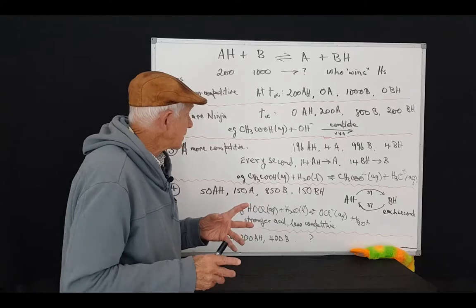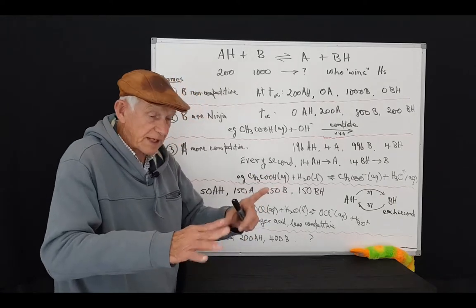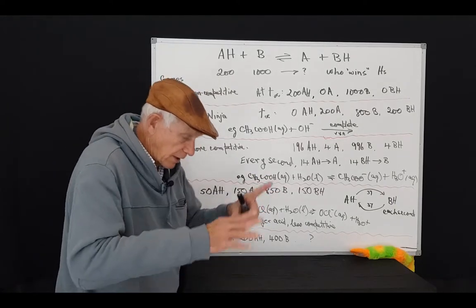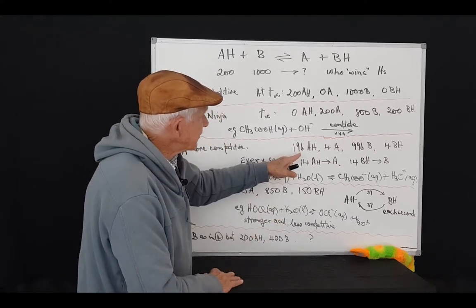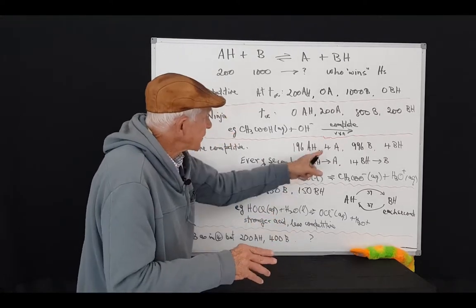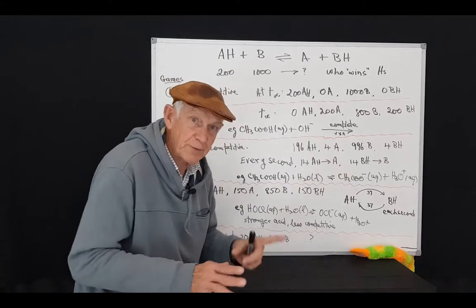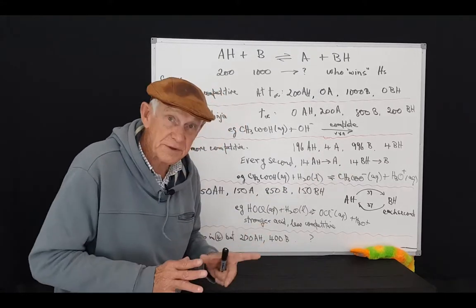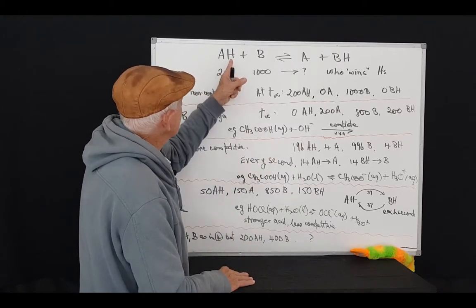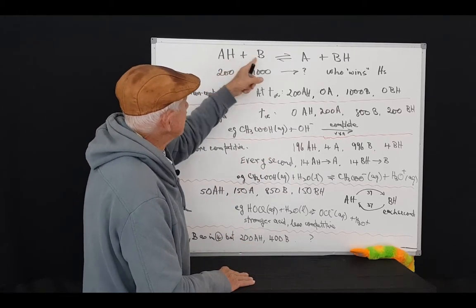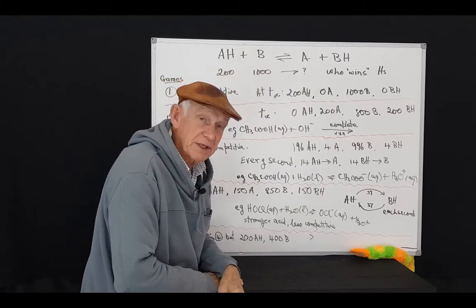They fight. And I've got pictures taken by a drone, and I look at the playing field after a little time, and I see that there's 196 AH's, there's 4 A's, 996 B's and 4 BH's. What do I deduce from that? I deduce that 4 of those 200 footballs have been grabbed by B's.